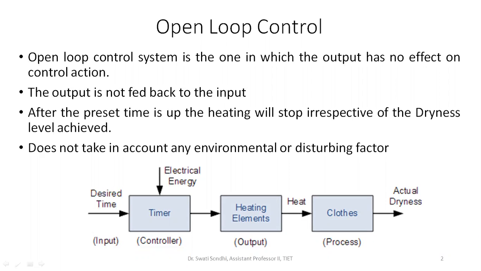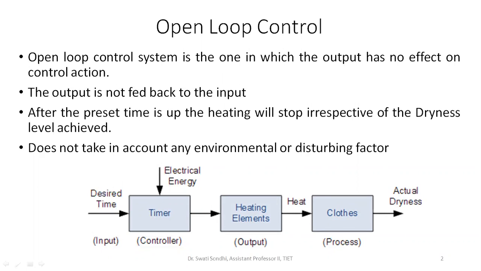So this kind of structure that you see on your screen, where there is no monitoring, or you can say where there is no comparison of the obtained output with the desired output, such kind of a configuration is called the open loop control. In this case, the output is not fed back to the input.